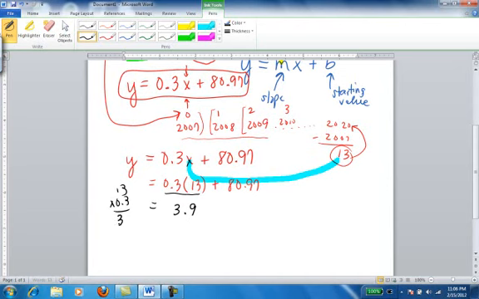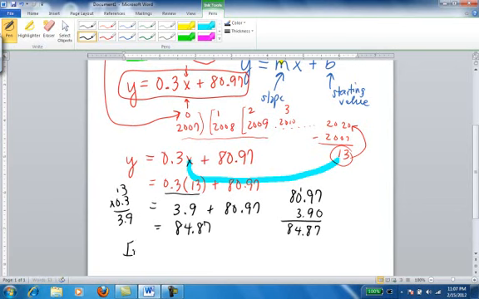If I do this over here to the side, I get 3.9 plus 80.97, and that will be equal to the expected age. So if I take 80.97 and add 3.9 to that, keeping the decimal straight, I would end up with 84.87.